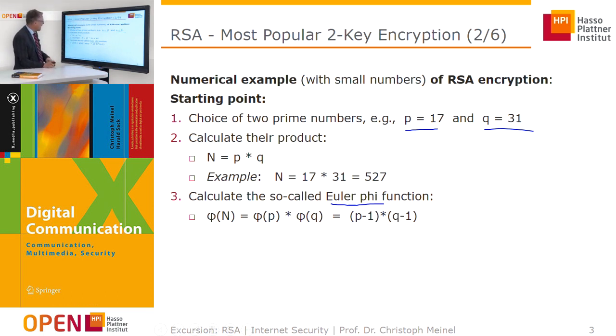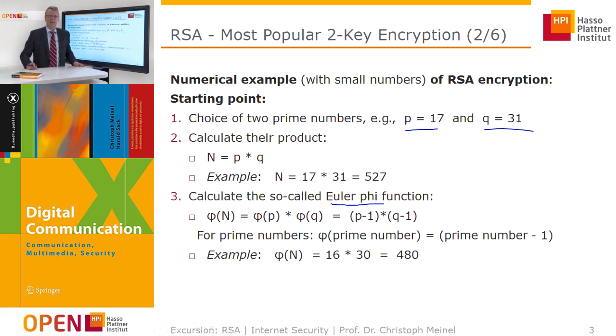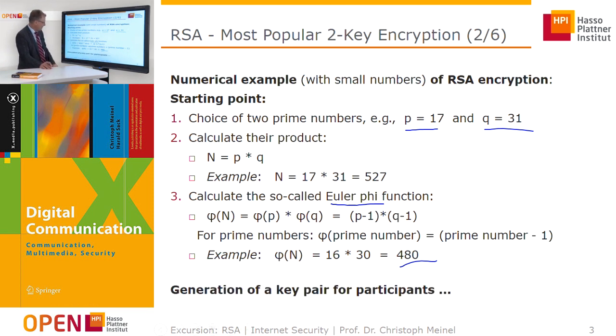So to compute the Euler phi function of n, we simply compute p minus 1 times q minus 1. In our case, p is 17, q is 31, so we can compute phi of our composite number n by multiplying 16 and 30, and the result is 480. By the way, with other numbers, it's much more difficult to compute the Euler phi function, but in that case, it's easy.